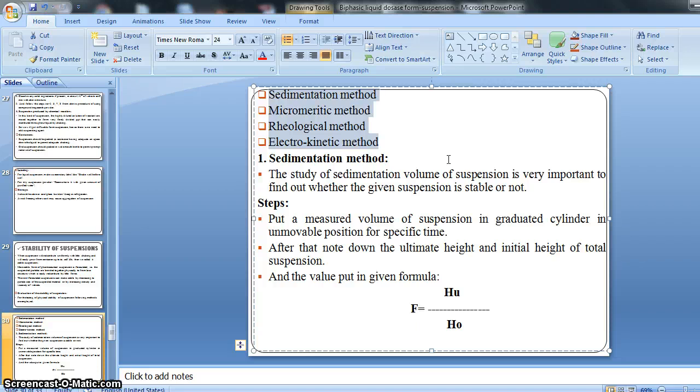You need to imagine it: the suspension's solid distributed particles are settled down to the bottom, from upper to lower. The time or speed which they take to settle down into the bottom portion, that is the sedimentation.